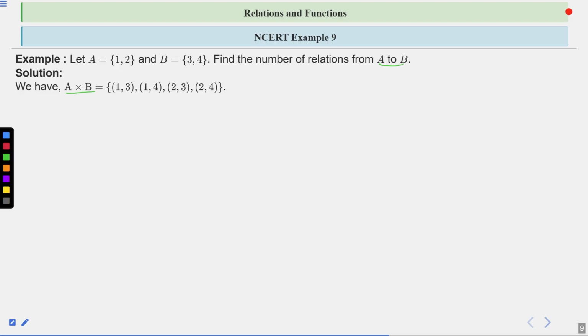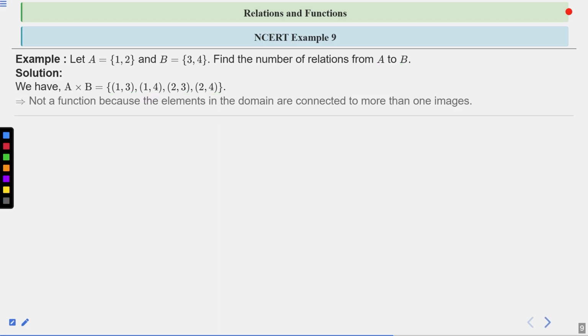We want the Cartesian product between A and B, which will be your set of ordered pairs in which the first element of your ordered pair must belong to set A and the second element must belong to set B. So we are having in total 4 such ordered pairs: (1,3), (1,4), (2,3), (2,4). Clear?